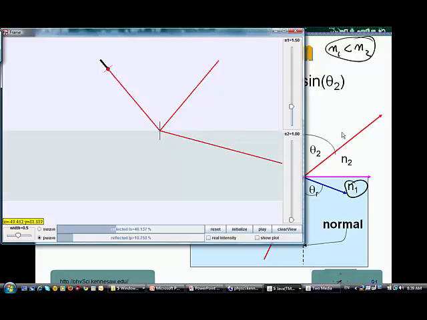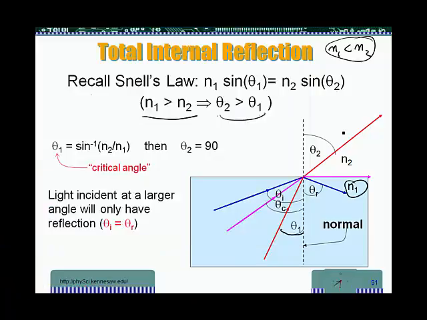Okay? Now, how do we calculate that angle? We just plug in 90 degrees for theta sub 2. When we do that, then my equation becomes n1 sine of theta 1 is equal to n2 sine of 90 degrees, but sine of 90 degrees is equal to 1.